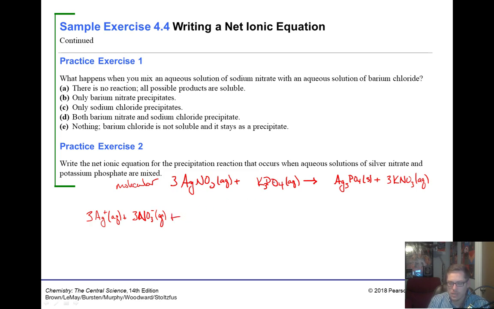And then the potassium phosphate turns into 3 K+, aqueous, and 1 phosphate, PO4 3-, aqueous.